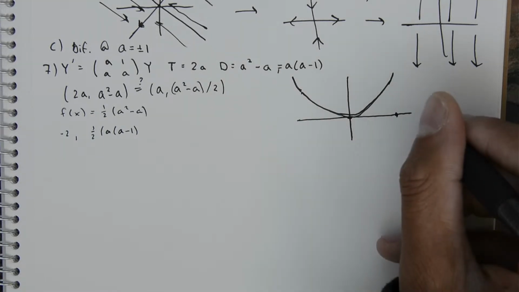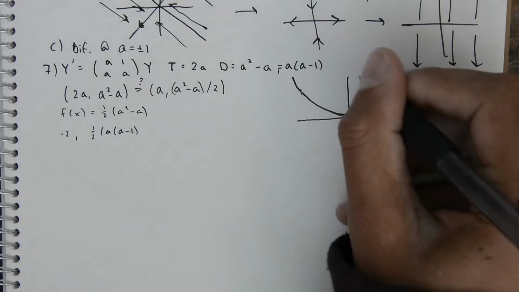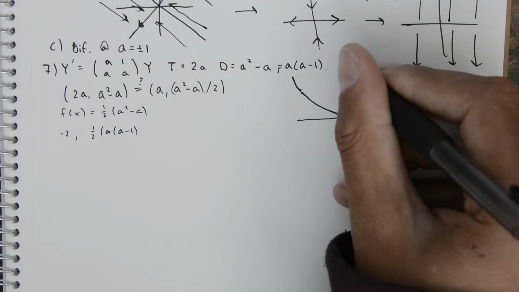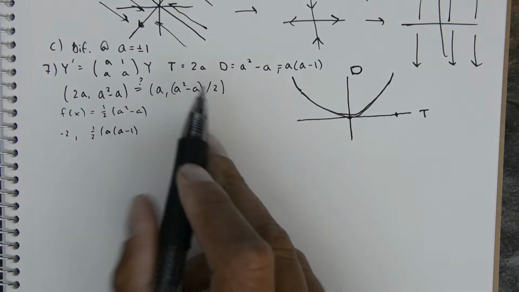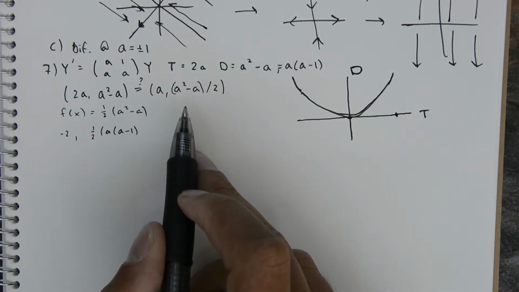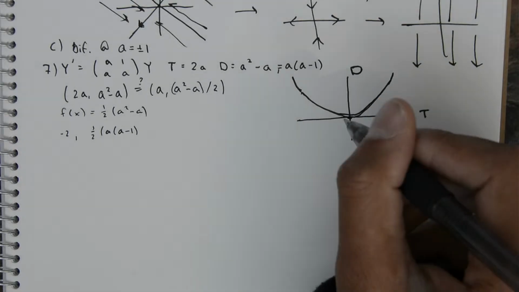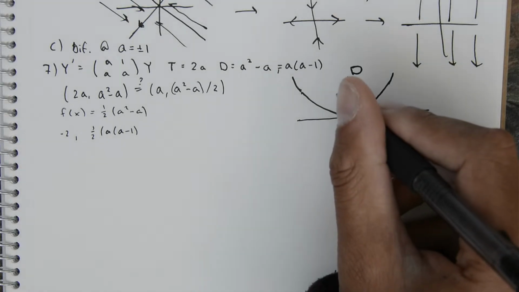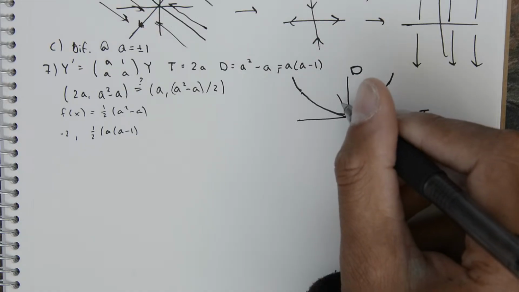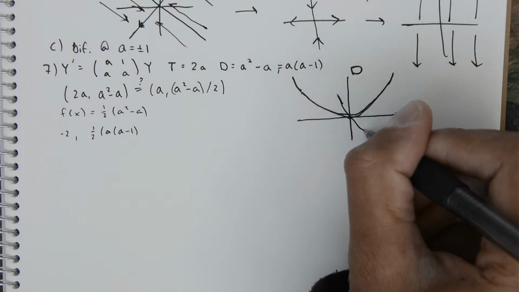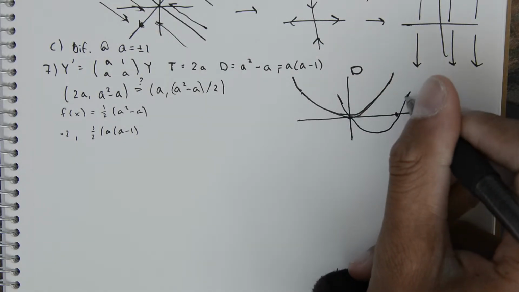And this is the trace, and this is the determinant. Luckily, they gave us ones where we don't have a crazy parametric curve in here. Because if we had a crazy parametric curve, I honestly don't know how I'd do it. So then I think that we're going to get a plot that looks like this, right?